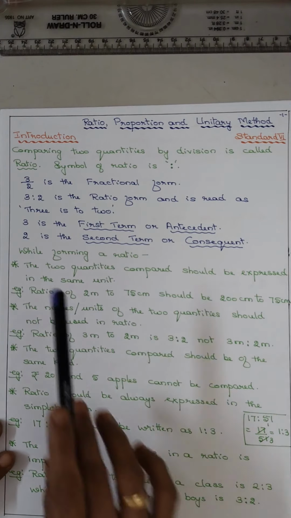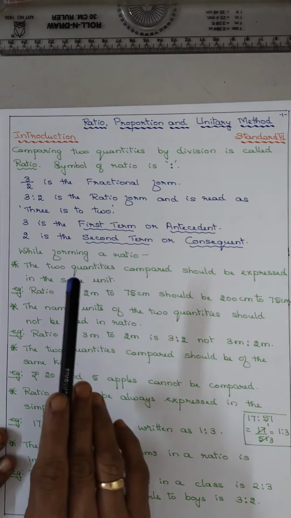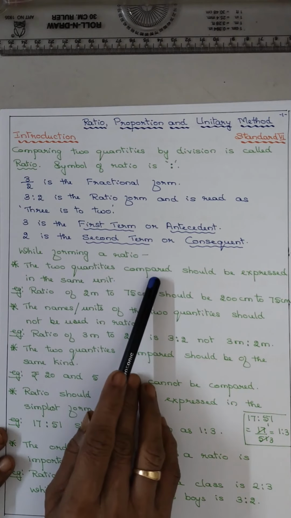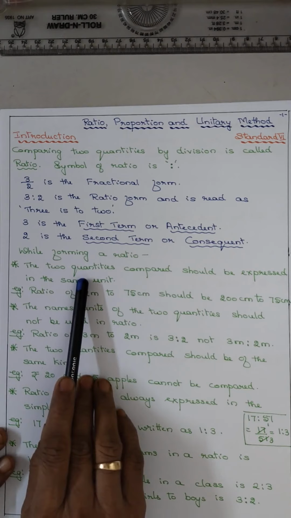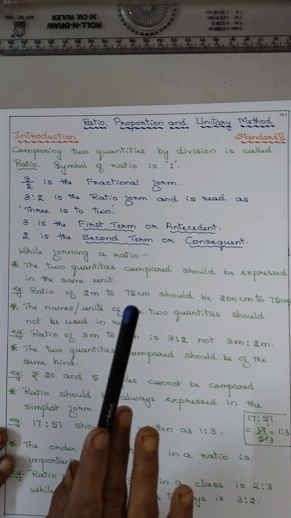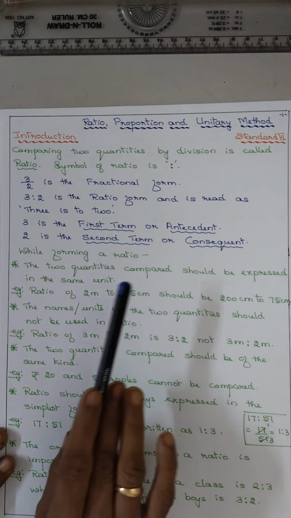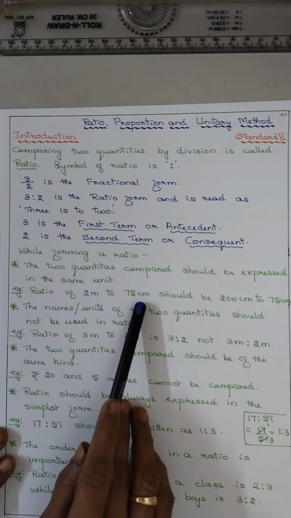Okay. While forming a ratio, now what is the rule to form a ratio? First, the two quantities compared should be expressed in the same unit. So the two terms, the first and the second term, should be in the same unit. Like the ratio of 2 meter to 75 centimeter.